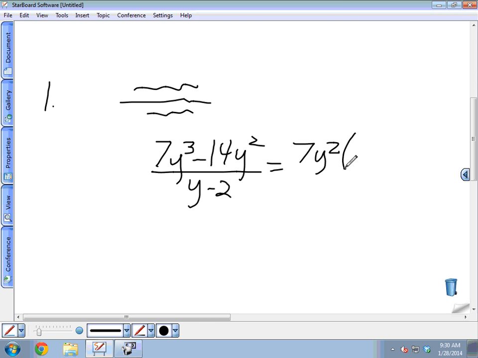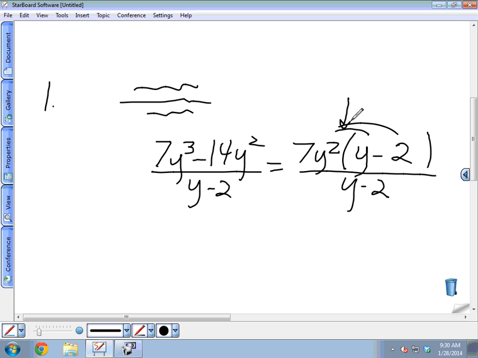And now what am I going to multiply 7y squared by to get 7y cubed? It's basically undistributing here. So I'm just going to multiply it by y and then minus 2 over y minus 2. And now that I have multiplication implied here, I can cancel out these and I just get 7y squared.